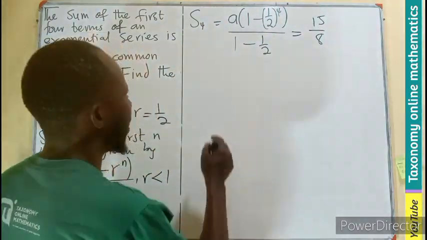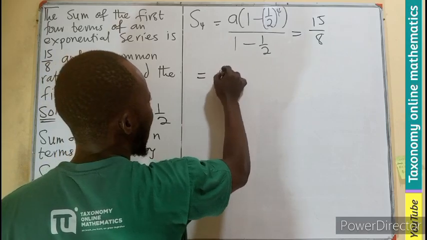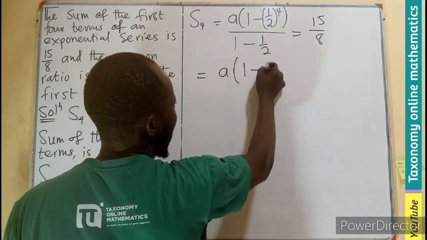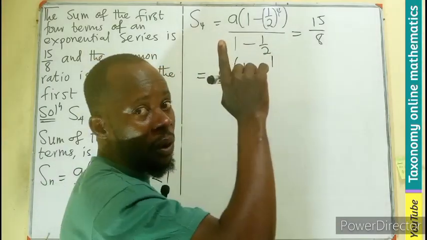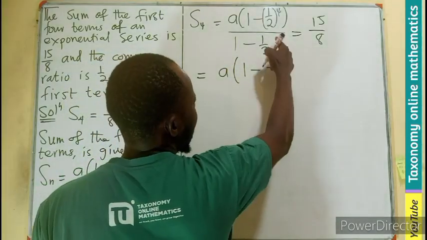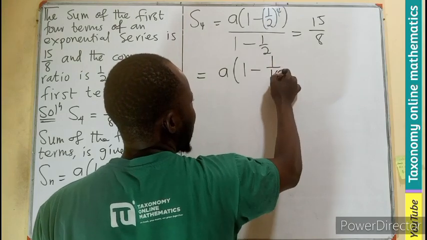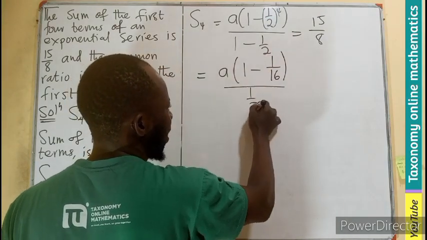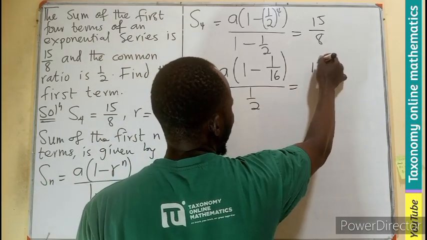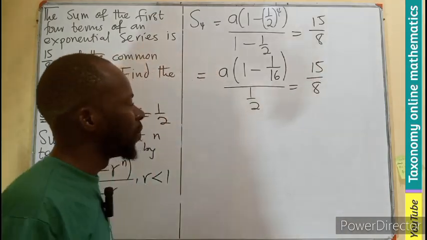Let's look at it carefully. We have our a still intact. 1 to the power 4 will be 1, and 2 to the power 4 will be 16, divided by 1 minus half, which gives us half, and that is still equal to 15 on 8.